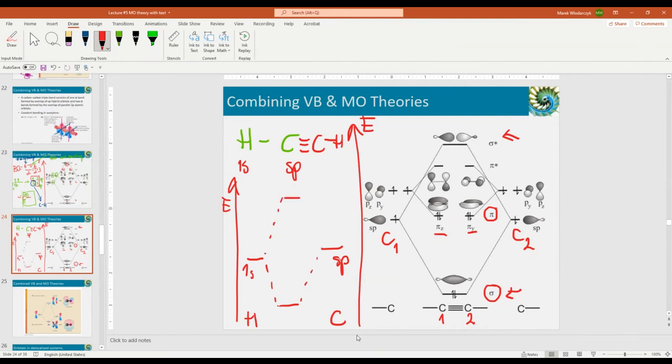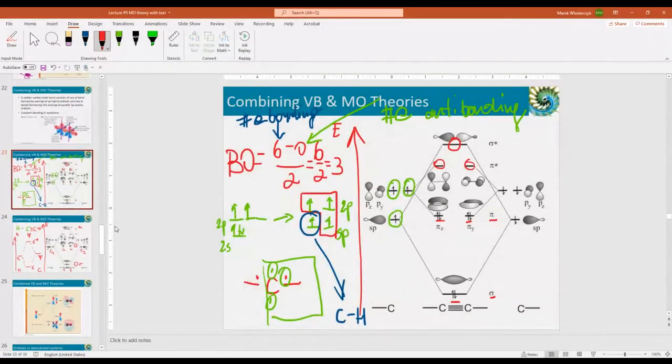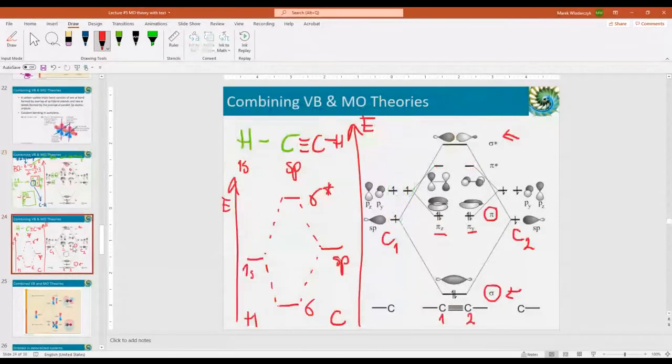And of course, if you form a sigma bond, you also have to form a sigma anti-bonding orbital. Remember from the previous slide, we have this blue electron on the second sp orbital that is not shown in this energy diagram. So this blue electron now is here.